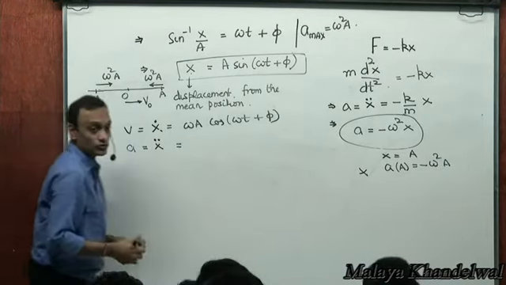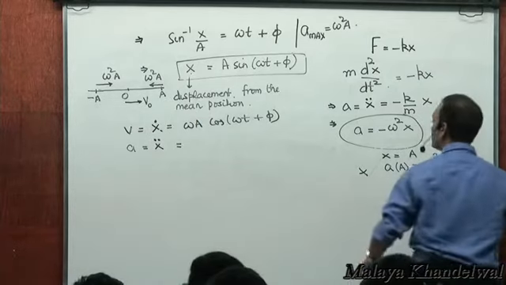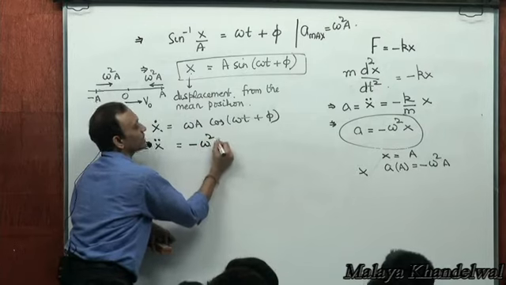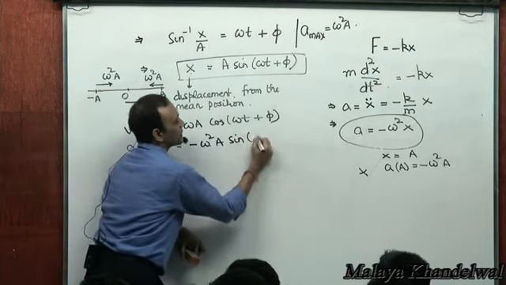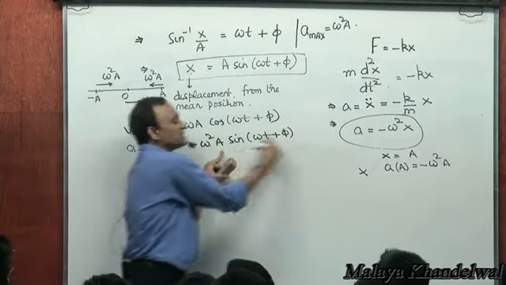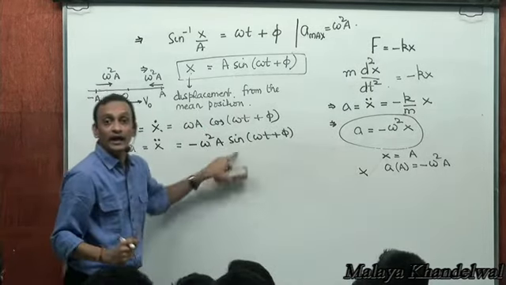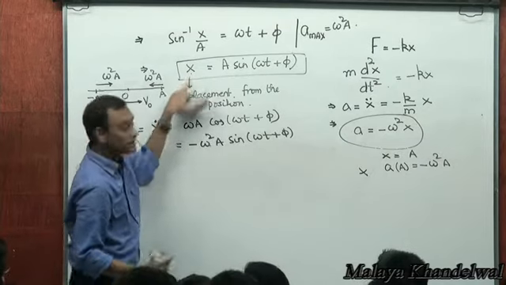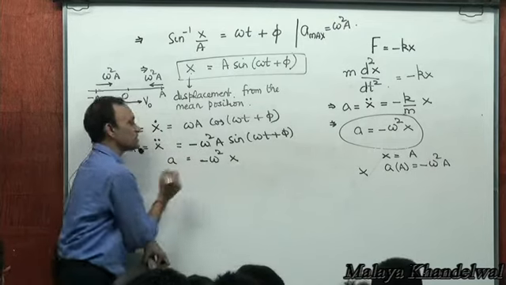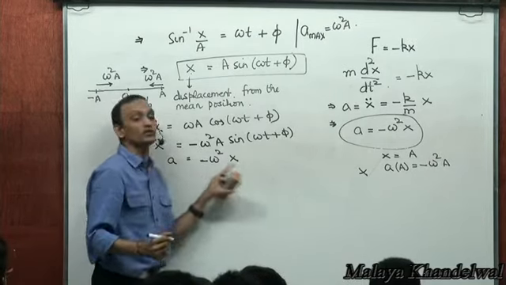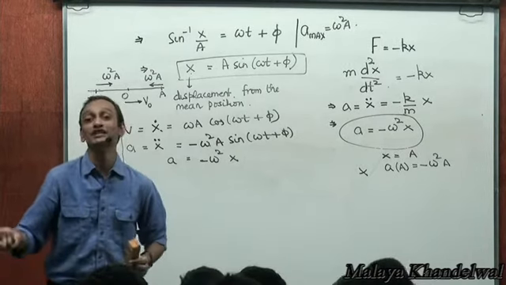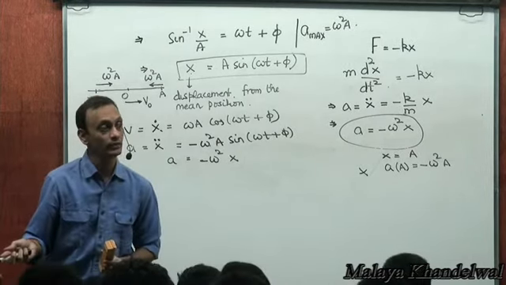Differentiate this again with respect to time, and you get minus omega squared a sin(omega t plus phi). But a sin(omega t plus phi) is x. So acceleration is minus omega squared x. Every time you get a equal to minus omega squared times x, you can conclude that the motion is simple harmonic, right?